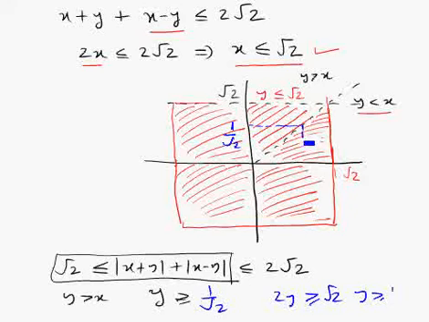So in the first quadrant, above the y = x line, we get the region above this line, and we know it is bounded by 2 root 2, so above this but below this. Similarly, when we make the second case, x greater than y, we get the region x greater than or equal to 1 by root 2, which will come out to be the region below the y = x line but to the right of this line.